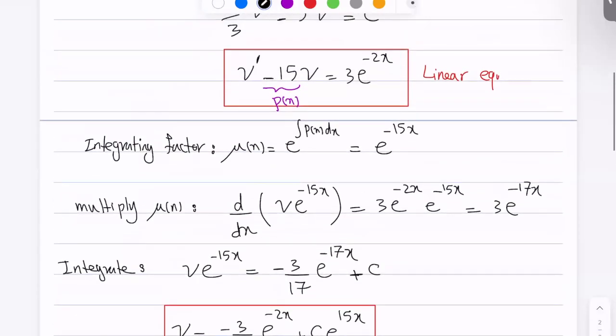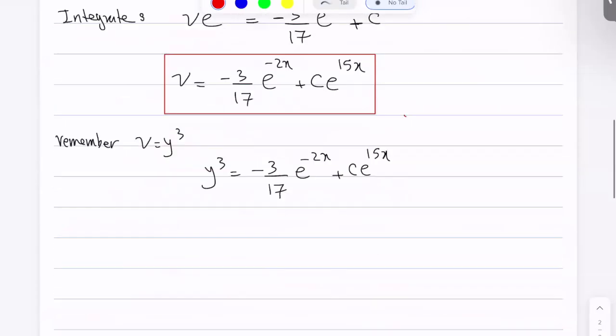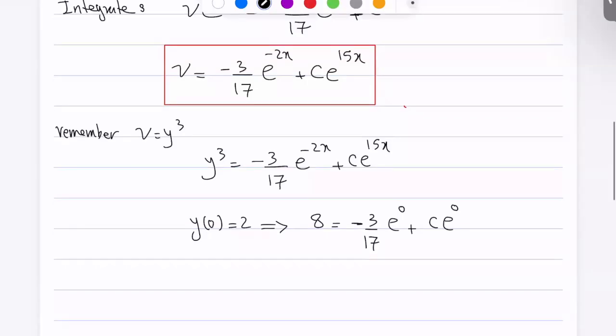But how do we find the constant c? We go back to our initial value, okay? So initial value was y at 0 has to be equal to 2. So if I plug in 0 and 2, I get 8 equals -3/17 e to the 0 plus c e to the 0.